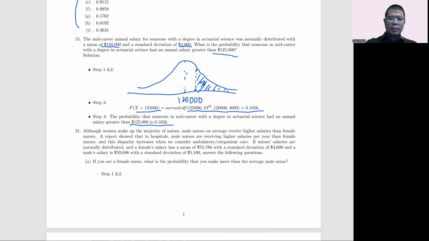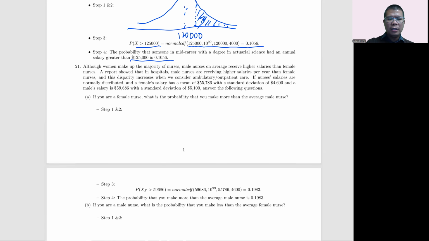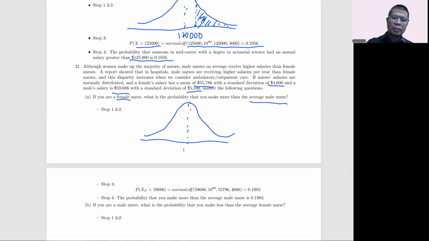So similarly for question 21, all right. So mean, standard deviation, men's standard deviation, right? So your female nurse more than the average of the male nurse. So that's going to be for female nurse, and the mean is 55,786, right?